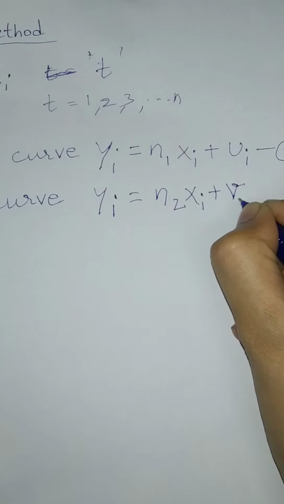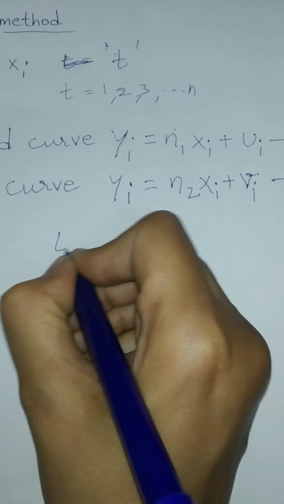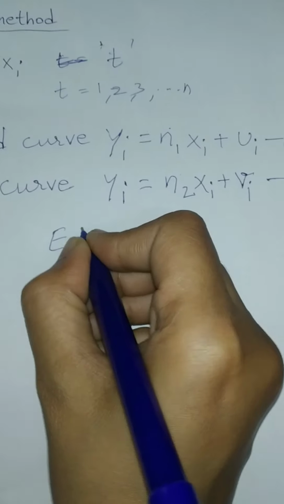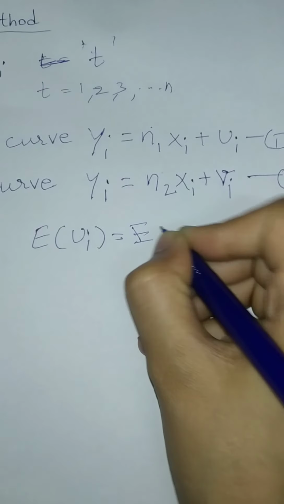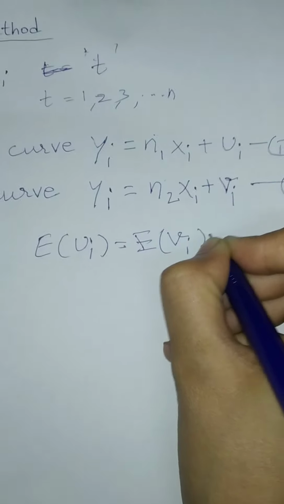Here n1 and n2 are elasticities of demand and supply, and ui and vi are independently distributed, and we write expectation of ui is equal to expectation of vi is equal to 0.